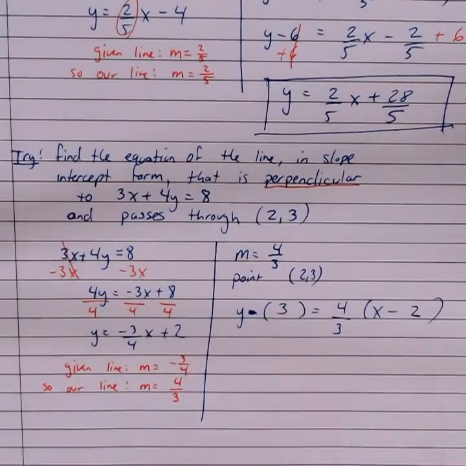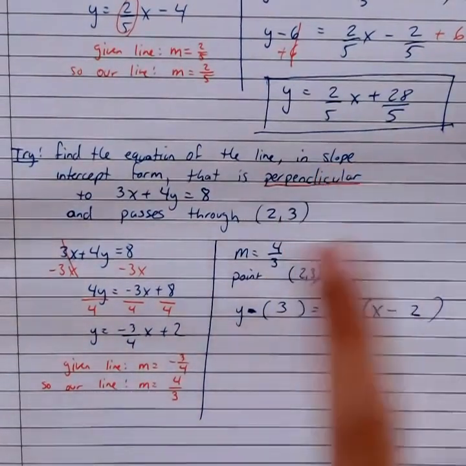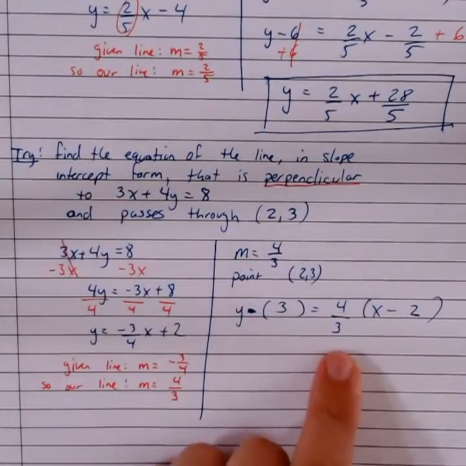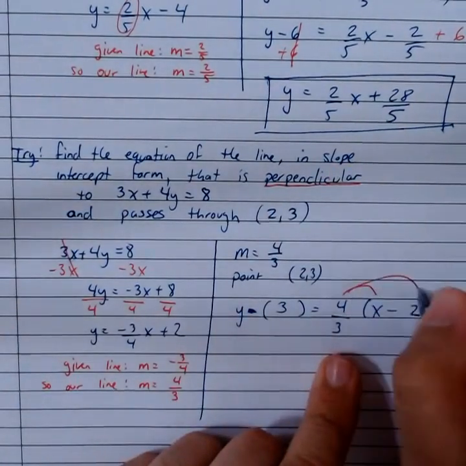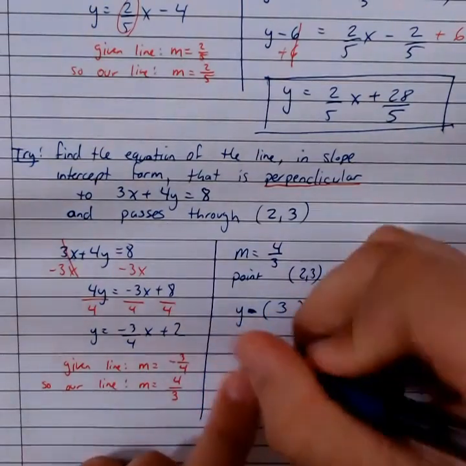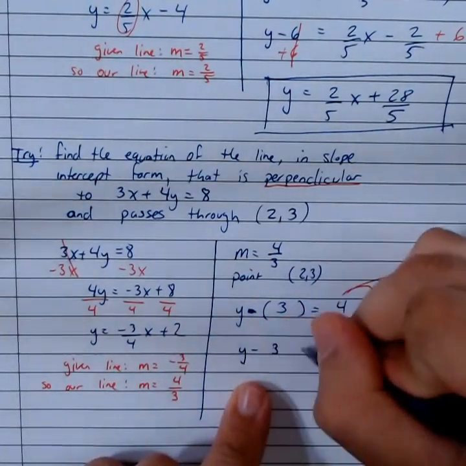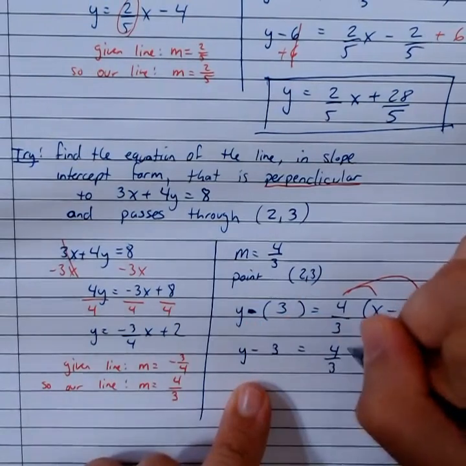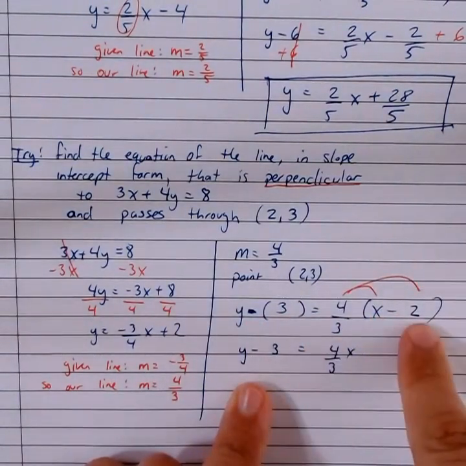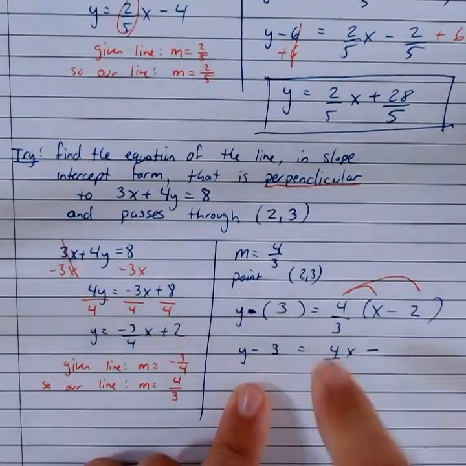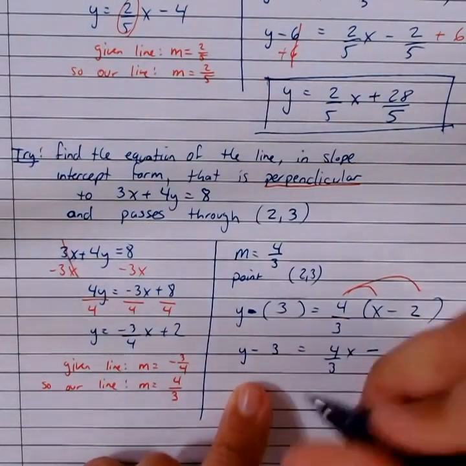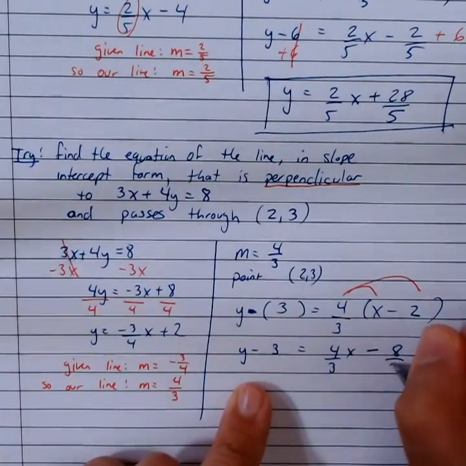Finally, let's simplify this to put it into slope-intercept form. Let's go ahead and distribute this number. That'll give us y - 3 = 4/3 x. And then if we multiply 4/3 times -2, a positive times a negative is a negative. 4/3 times 2 is going to give us 8/3.